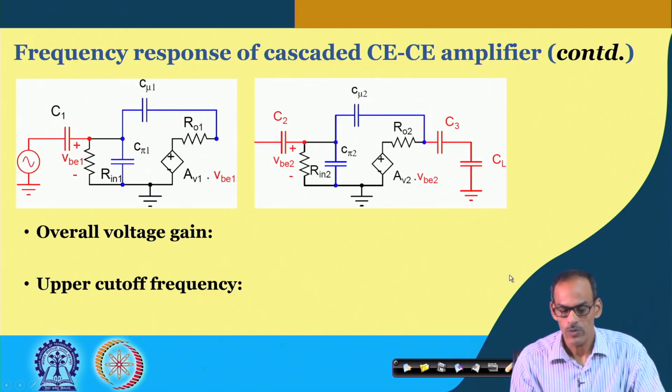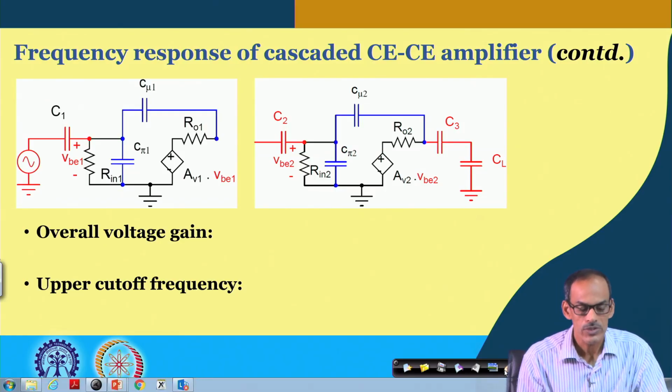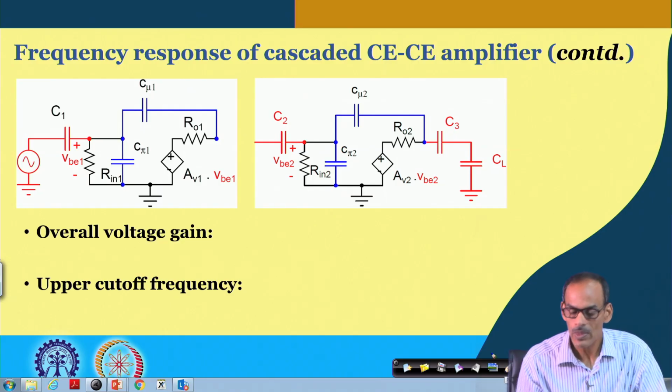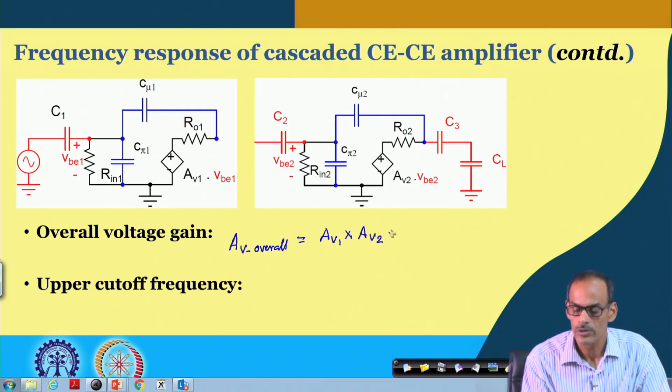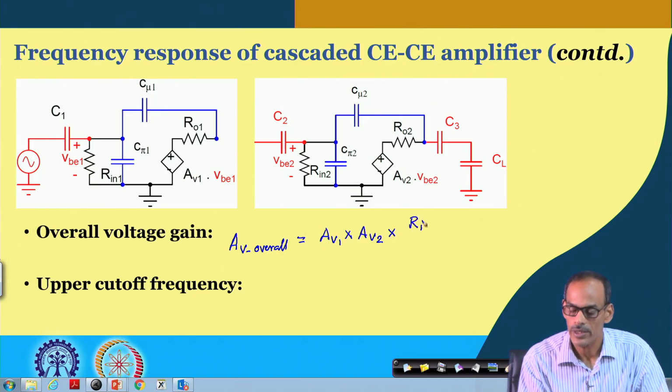Yes. So, in the frequency response of the CE-CE cascaded amplifier, first of all its overall voltage gain AV overall is equal to AV1 multiplied by AV2 multiplied by this attenuation, which is Rin2 divided by RO1 plus Rin2.